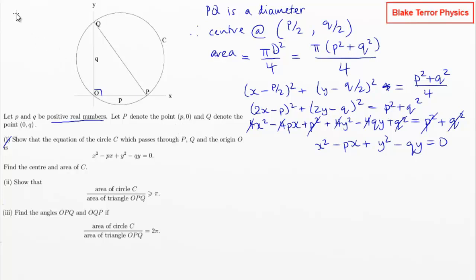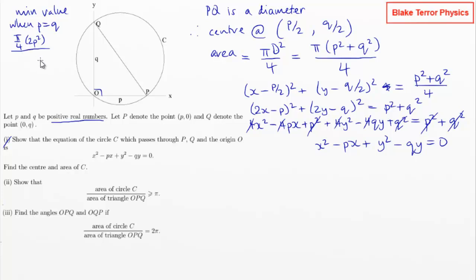So we could do it that way, but I think that's going to be a bit of a cop-out. I'd like to try doing it the other way as well, because that would be saying that this has got a minimum value. I'm going to squeeze it up here because it's not going to be my main answer. Min value when P equals Q, as in we got half a square, which means that the area of the circle is then going to be pi divided by 4 multiplied by 2p squared.